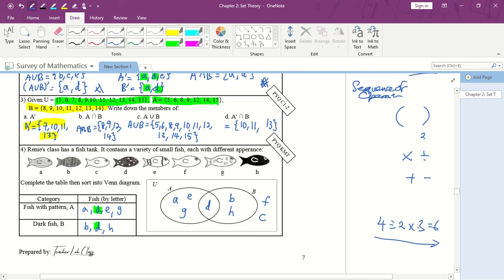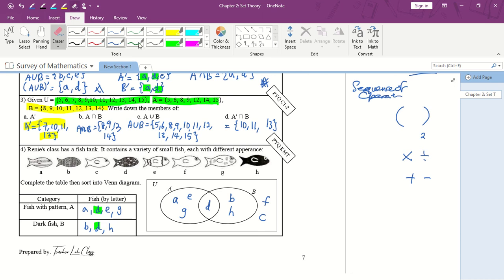We cannot do the back first. Always from left to right. And it also applies to addition and subtraction. The same thing happens in set operations.